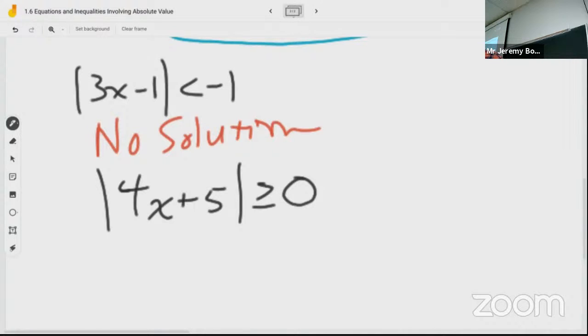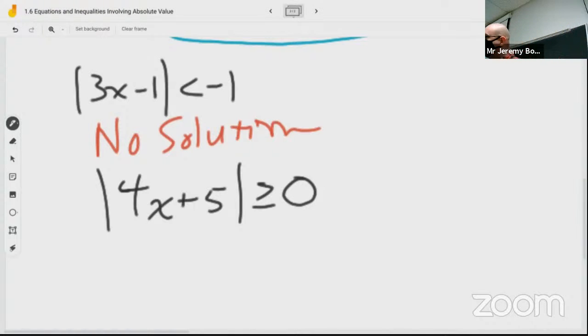Remember, we're talking about in this class just the real numbers, right? And so the real numbers you can break into three sets. It's kind of the easiest way to think about it. You've got your negative numbers, you've got 0, and you've got your positive numbers, right? And we know that the absolute value is everything but the negatives.